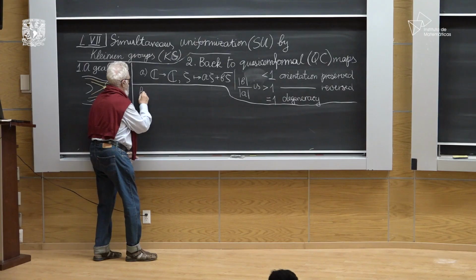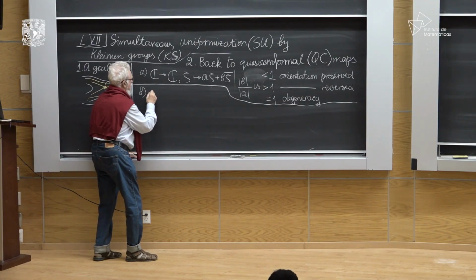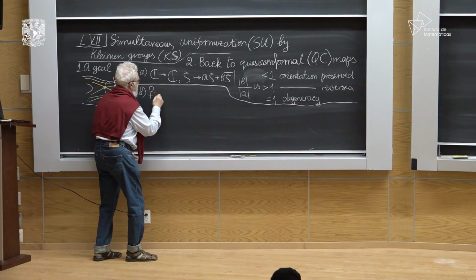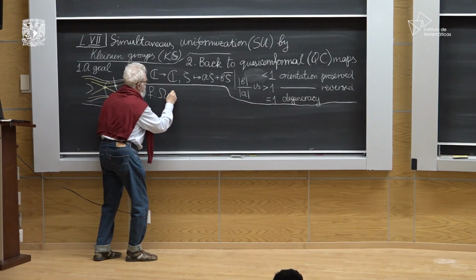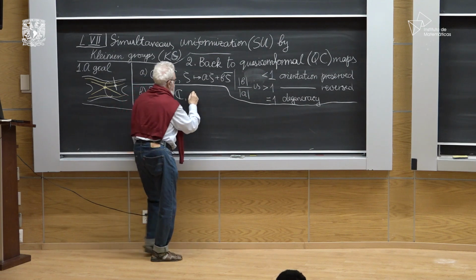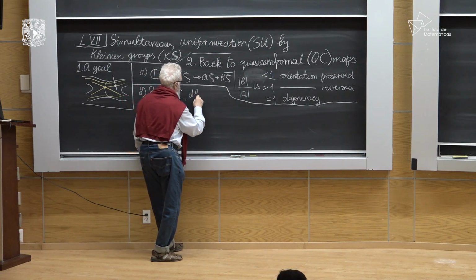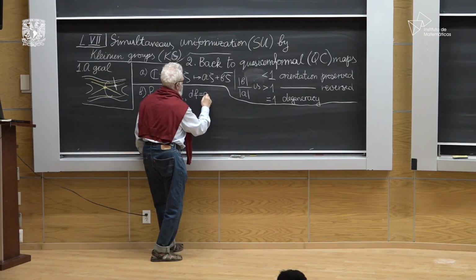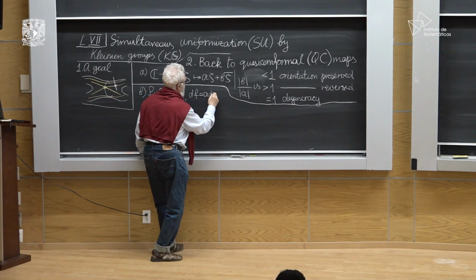Now consider a complex map f of a domain omega to C. The differential of f equals a dz plus b dz bar.